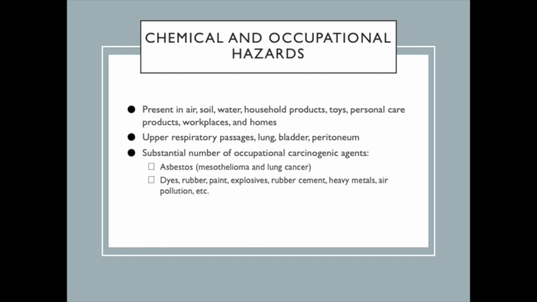Now, when we have these exposures to chemicals that happen every single day, this increases our risk as well. And this can be present in air, soil, food, water, household products that we choose to buy and use, our toys, personal care products like makeup and shampoo, and where we work and where we live. The number of carcinogens that are known experimentally in animals is very large.